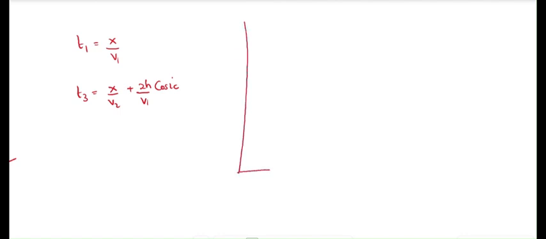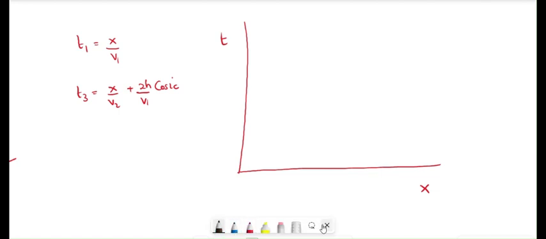So we are going to plot T against X. Now, if you take the first equation and plot T against X, when you compare it with y is equal to mx plus c, our gradient m here is 1 over V1, right?